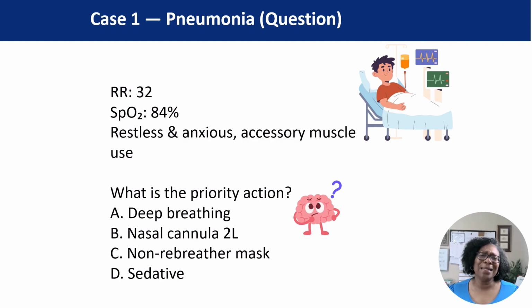What is the priority nursing action? Is it encouraging deep breathing? Applying a nasal cannula at 2 liters per minute? Applying a non-rebreather mask? Or administering a sedative medication? I'm going to give you a second or two to think about it.